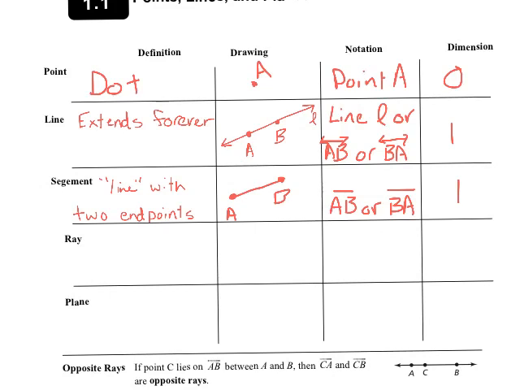Okay, so what do you guys think for ray? So a line extends forever. Segments have 2 endpoints. What about a ray? Yep. It has 1 endpoint and it extends forever the other way. Good. So we're just going to say it's a line with 1 endpoint.